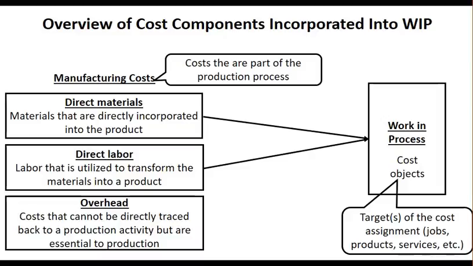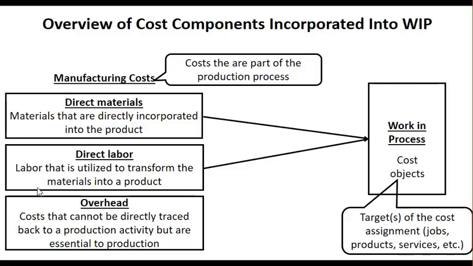There are some costs where it's easy to do that, and those are primarily direct materials and direct labor. The reason is these are materials that are directly incorporated into the product, therefore they're easy to identify with the cost object, and direct labor, which is labor where we're actually working on the cost object directly. So obviously that's going to be easy to identify.